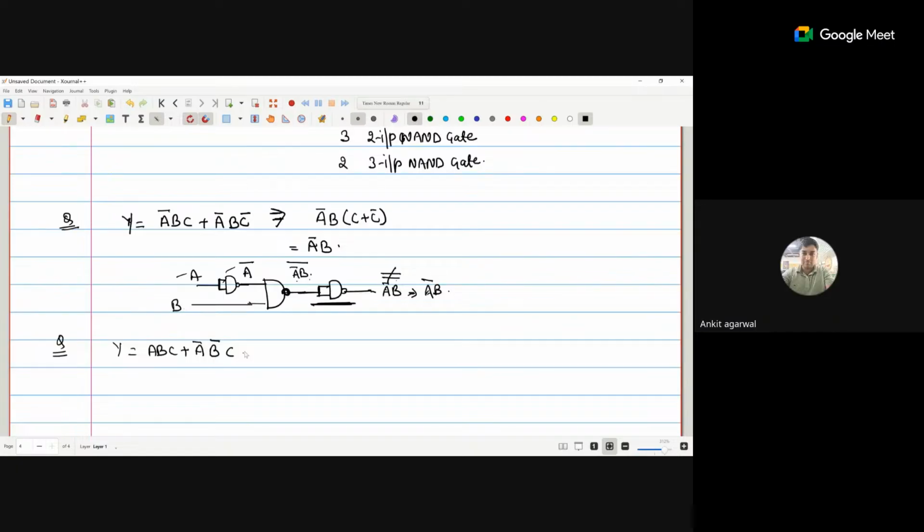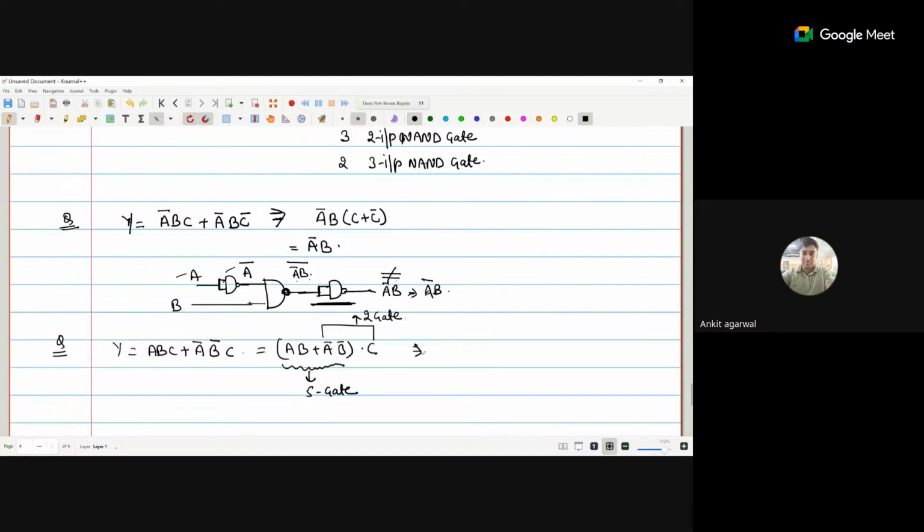Okay. So according to this, AB plus A bar B bar dot C. So for this 5 gate and for ending 2 gate.